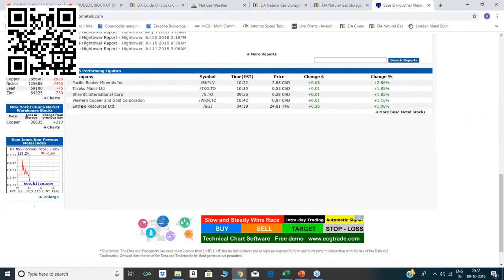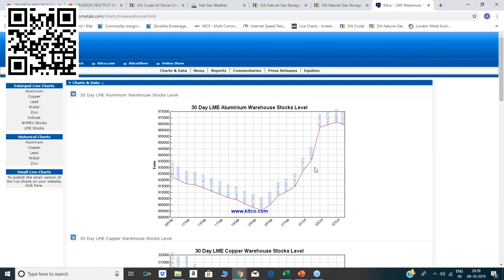Here they also give you the stock and the chart. See here, you people can get the charts, and along with the inventory data, we get the particular chart showing whether the inventory has increased or decreased. Is it visible to you all?